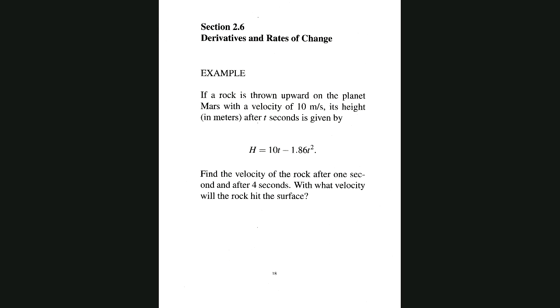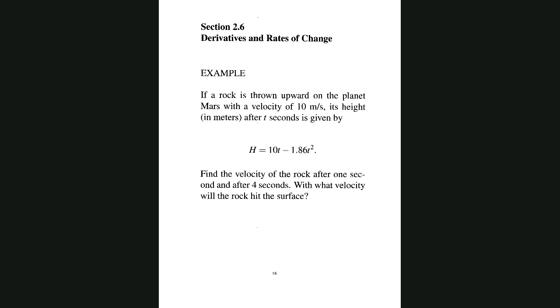Okay, in this example, if a rock is thrown upward on the planet Mars with a velocity of 10 meters per second, its height in meters after t seconds is given by the function h, which equals 10t minus 1.86 times t squared.